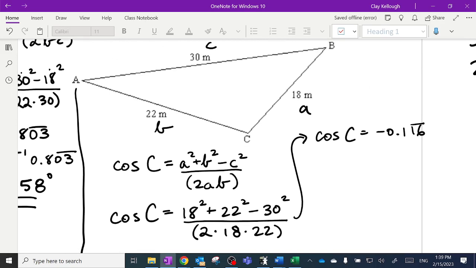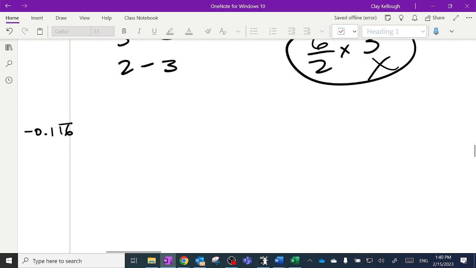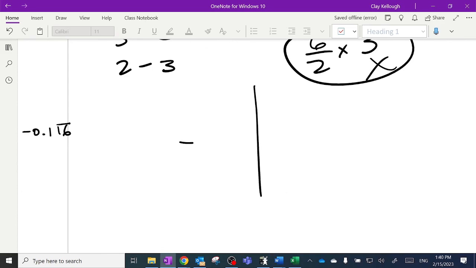What kind of an angle is C? Begins with the letter O. It's an obtuse angle. Cosines of obtuse angles turn out negative. Guys who came from pre-cal know why that is. Remember the unit circle? For those of you who have never seen a pre-cal course, you can just tune out for a second. But I just want to remind folks, if I put a triangle over here, then cosine is adjacent over hypotenuse.